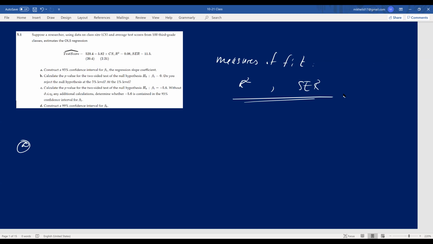First question is construct a 95% confidence interval for beta 1. This is the true beta, right?